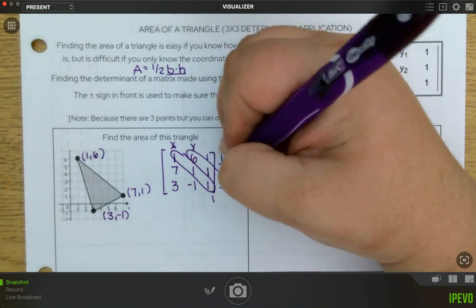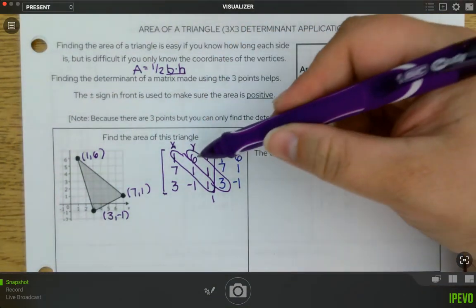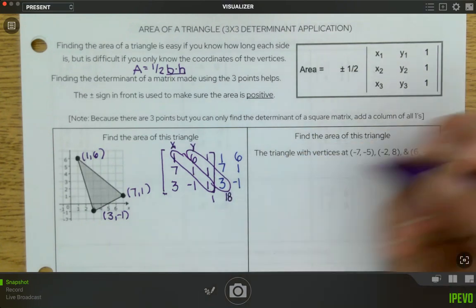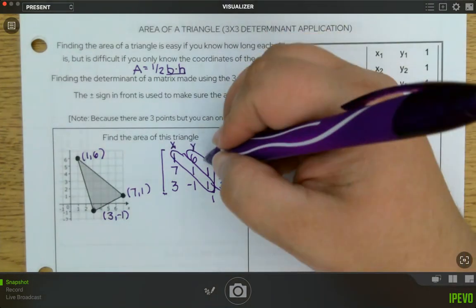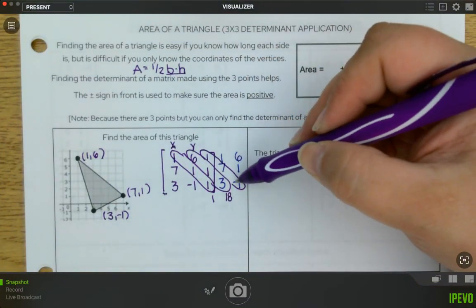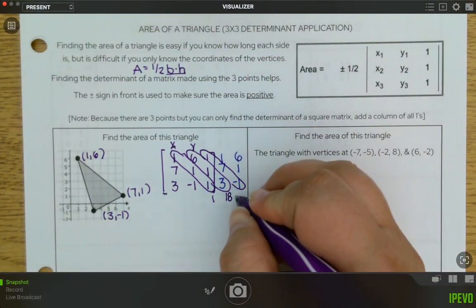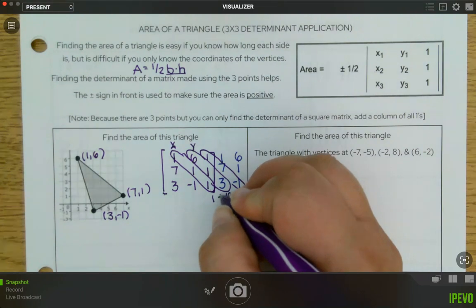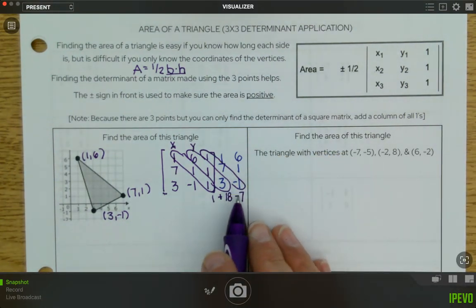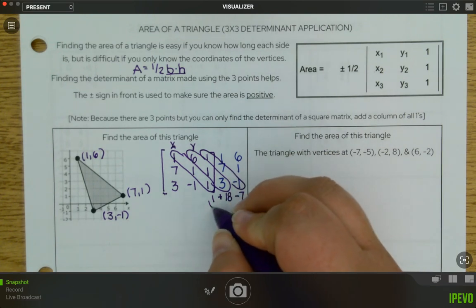Here's another one: 6 times 1 times 3 is 18. And the last right diagonal, 1 times 7 times negative 1 is negative 7. And you're going to add all of those together. 1 plus 18 is 19, minus 7 is 12.